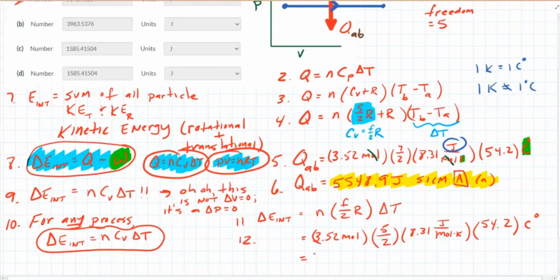Let's get a number. It's the same dimensional analysis. So 3.52 times 2.5 times 8.31 times 54.2. Okay. 3963.5376 joules. This is change in internal energy.